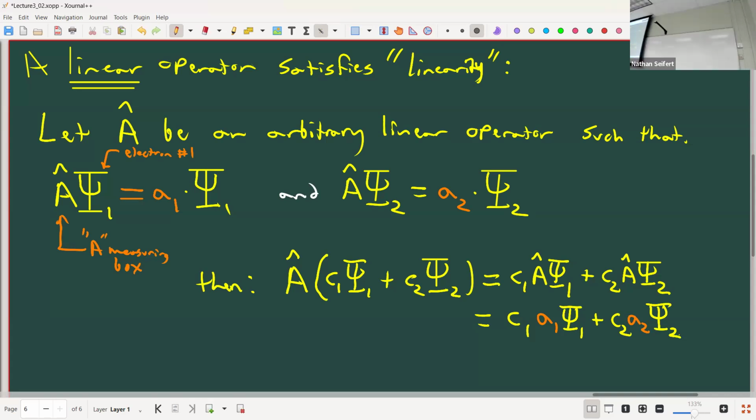If the operator satisfies the measurement theorem for one thing, and it satisfies it for another object, then it satisfies it for the sum of the objects. Right? Newton's laws don't work like this. Imagine you have three particles.